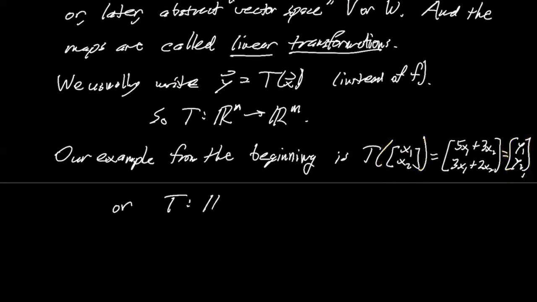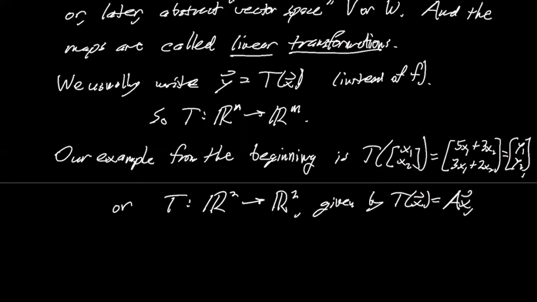So this is actually a map from R^2 to R^2. And it's given by T of x is Ax, and that's equal to the y vector, where A is this matrix, 5, 3, 3, 2. This is what we're going to be interested in: transformations given by multiplying by a matrix. Those are what linear transformations are. Okay, I've said enough. I'll stop there.